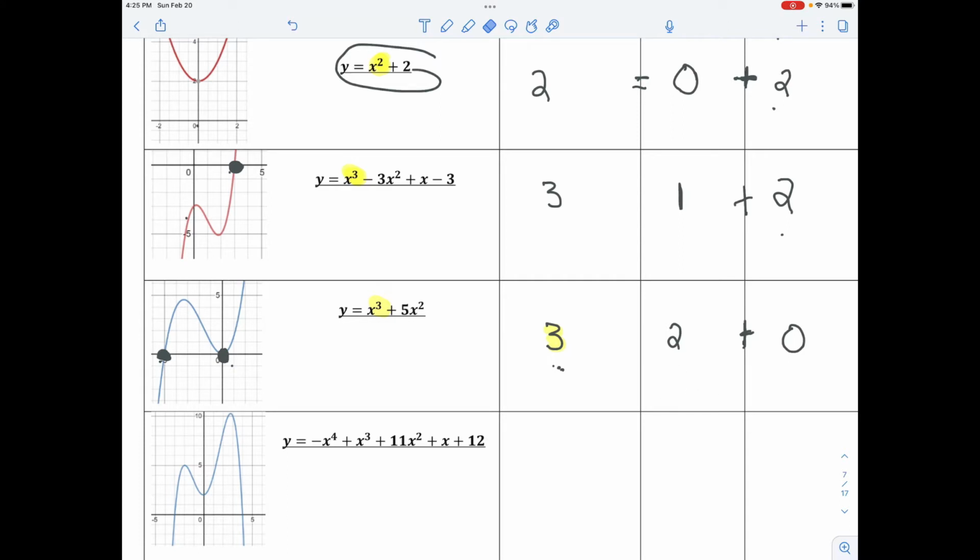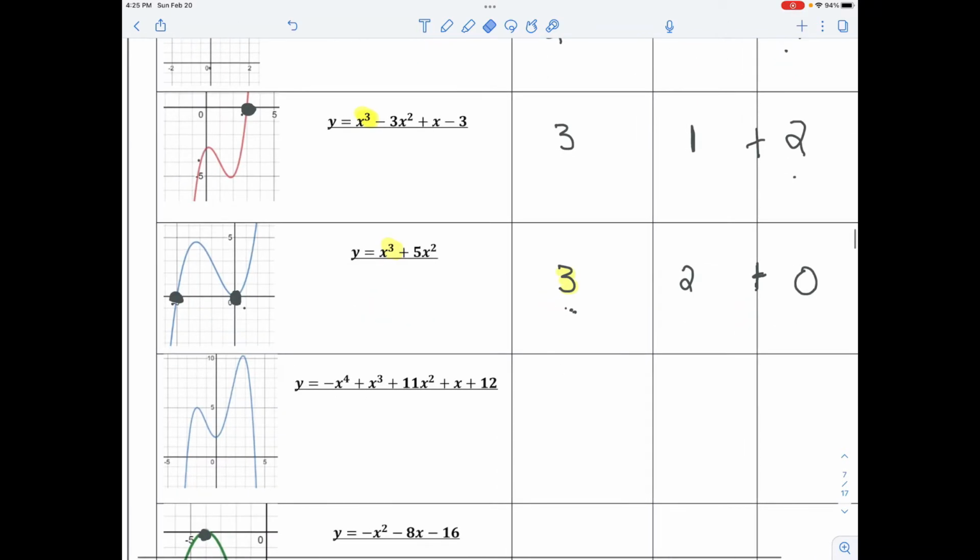I know that's confusing, but we're going to talk about multiplicity in a couple of days. So we have 2 real solutions. We can have a maximum of 3, so one of them has multiplicity. But it can't have an imaginary because imaginary come in pairs.